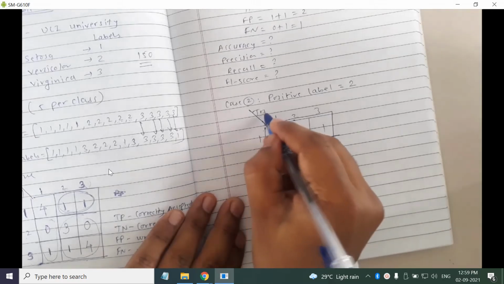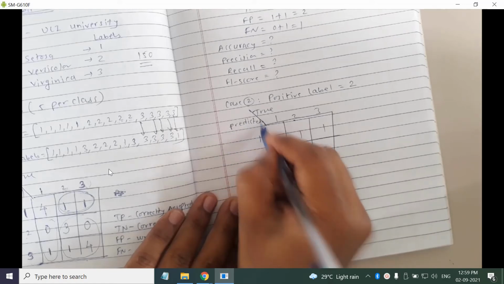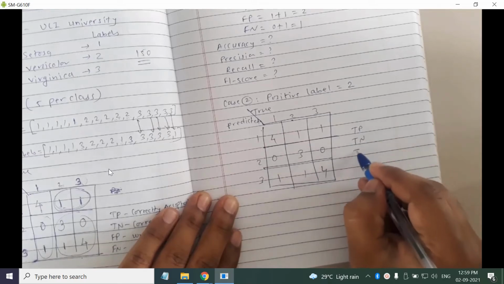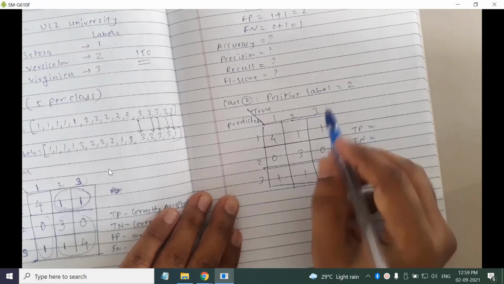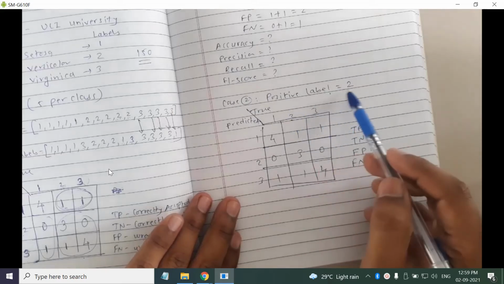Now take a minute and think over the true positive, true negative, false positive, and false negative. For this case, we are interested in class 2.